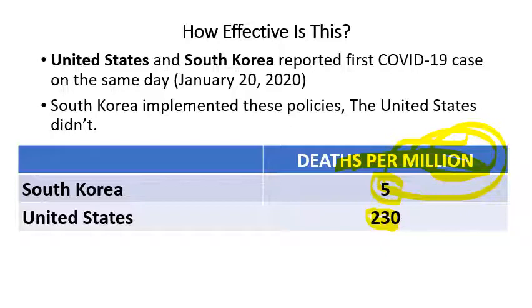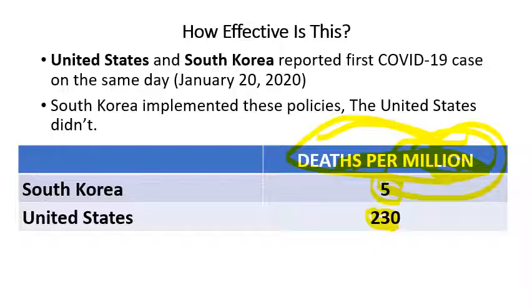Now, the reason why you have to prorate the data is that something like 2,000 people have died of coronavirus in South Korea, and 70,000 people have died of coronavirus in the United States. If you point that out to people, they'll say, well, yeah, but that's because South Korea has a smaller population than the United States, so you can't compare them directly. That is true.